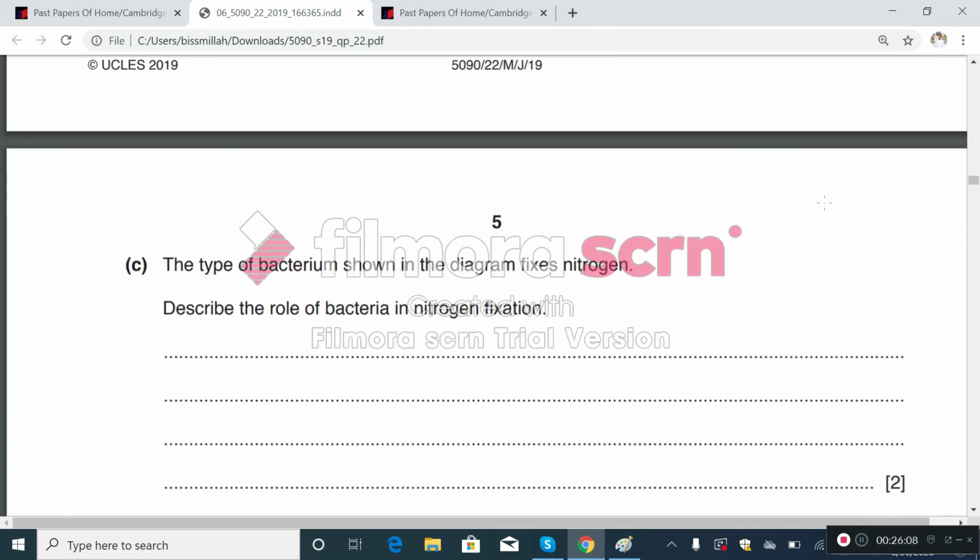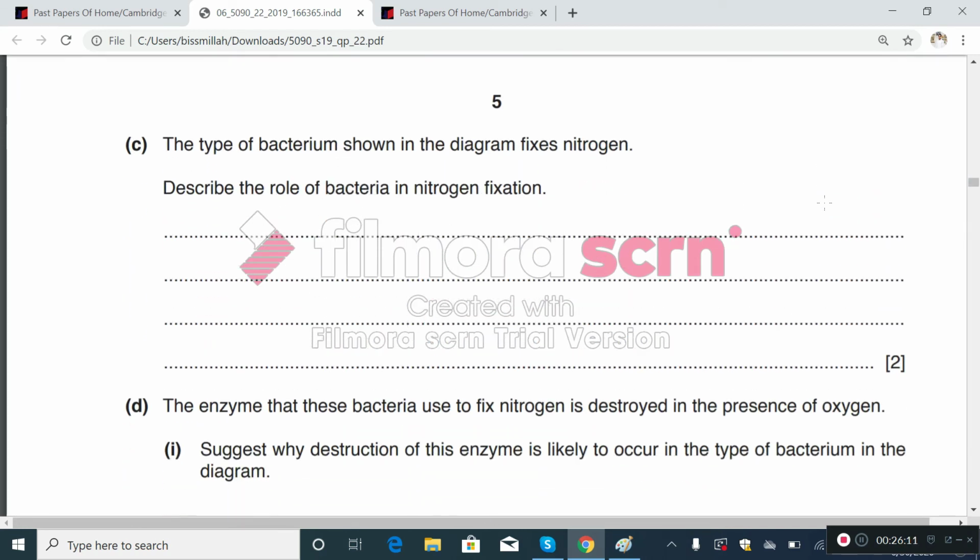Or next part of this question, the C. The type of bacterium shown in the diagram fixes nitrogen. Describe the role of bacteria in nitrogen fixation. So this question is linked with another chapter, that is ecology, ecosystem, and linked with the nitrogen cycle.